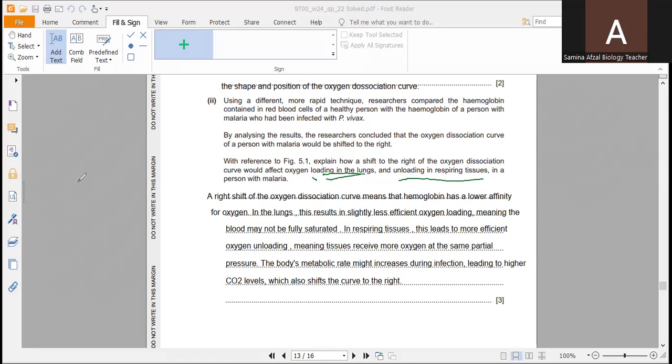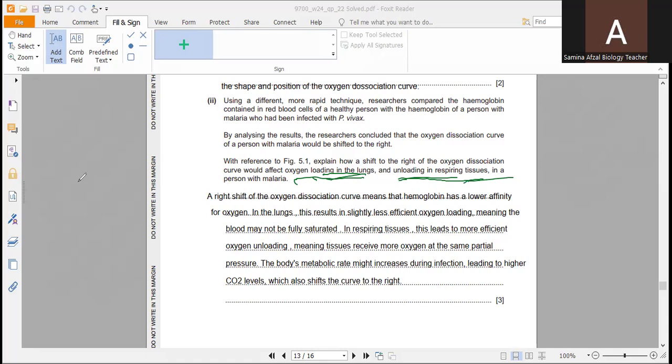First one is oxygen loading in the lungs, and unloading in respiring tissues. So, in respiring tissues, this leads to more efficient oxygen unloading, meaning tissues receive more oxygen at the same partial pressure. So here I have explained the question.